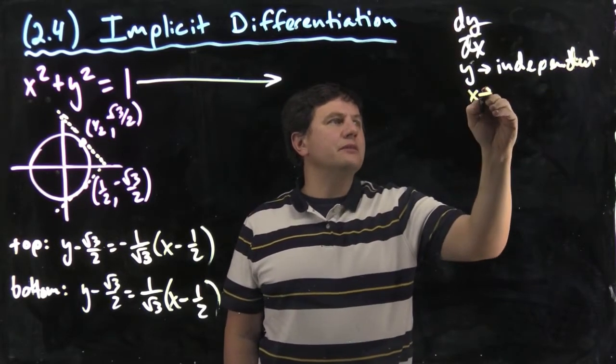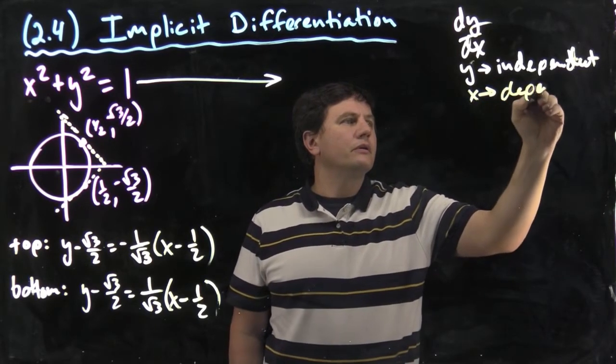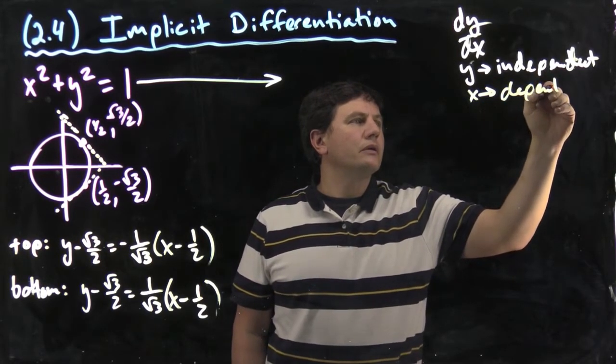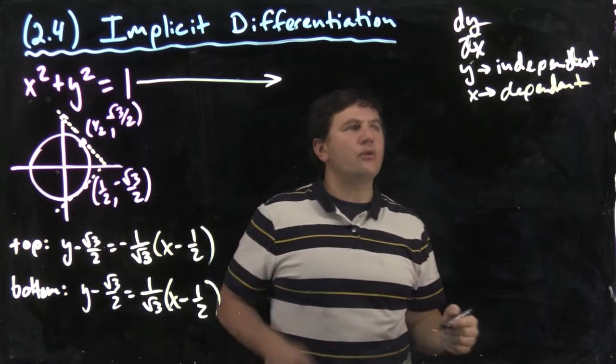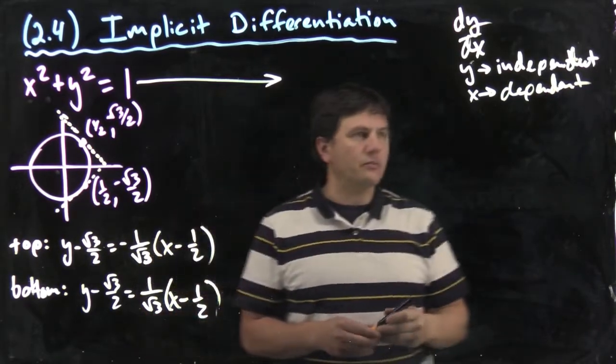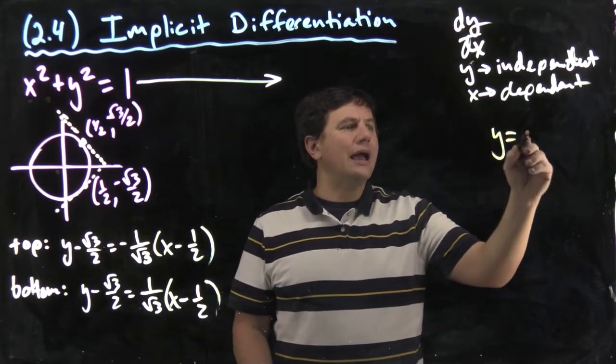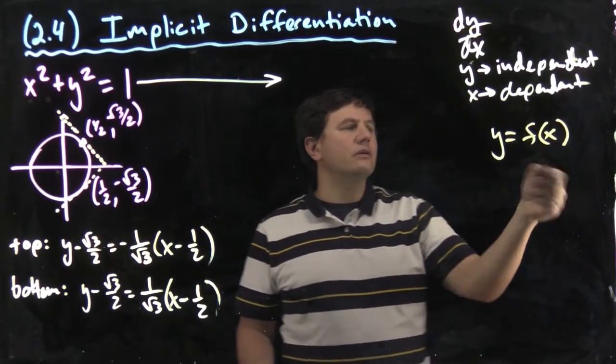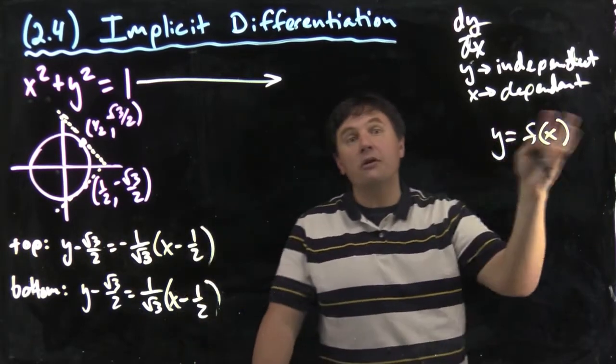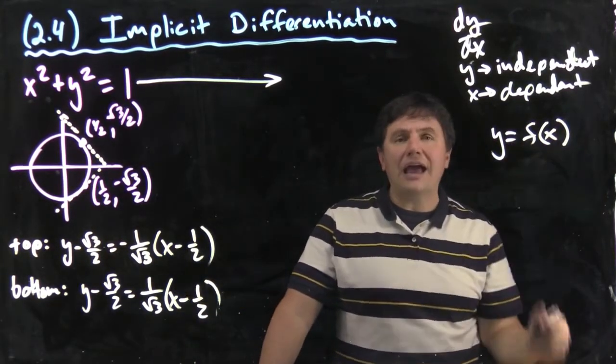What's important to realize is that this means x is the independent variable, and y is the dependent variable. And it's important that we keep that straight because the way these things are going to behave are very, very different. So in other words, generally speaking, y is some function of x.